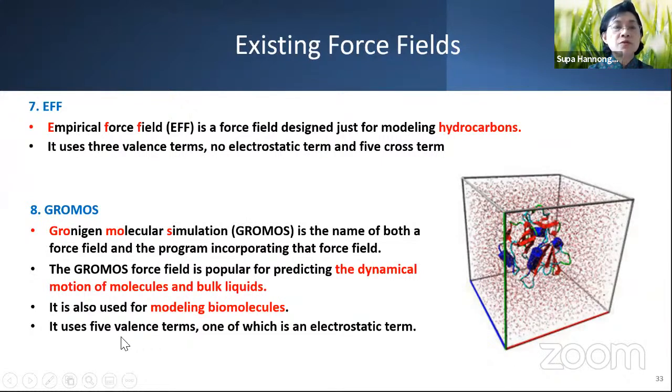And it uses 5 valence terms, one of which is electrostatic. You can see the force field still maintains the 5 valence terms and electrostatic. Okay, but the detail of parametrization is different for each force field.